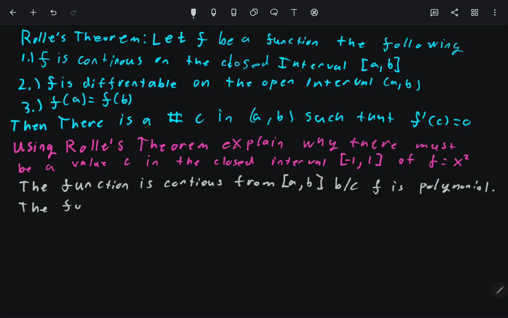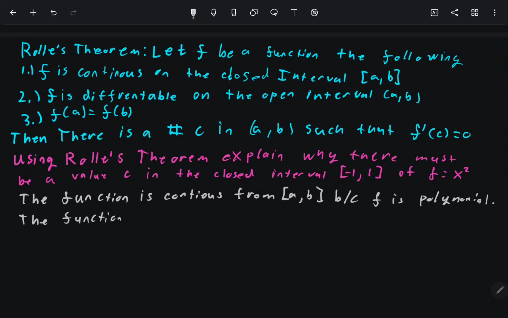The function is differentiable, and I should specify -1 to 1, on the open interval -1 to 1, because, again, it's a polynomial.